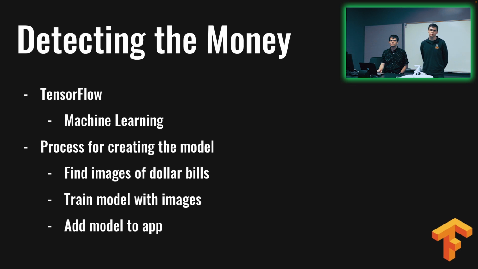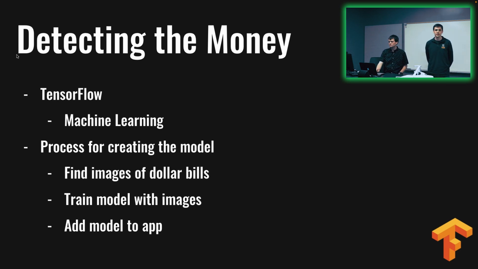Here is a little bit about the algorithm that goes into detecting an image. It would first scan through all the pixels of the images, getting the colors that were there, and assign a value to each location on the image based on what color that pixel was and the colors of pixels around it. Then it would compare that to the scanned image based on that data to find out if there was a bill or not.